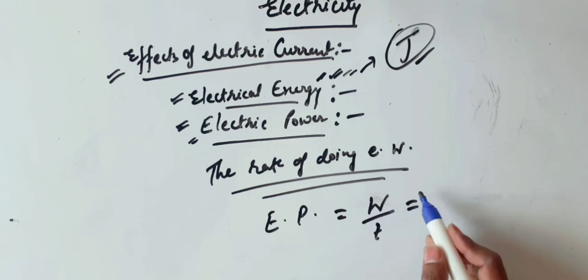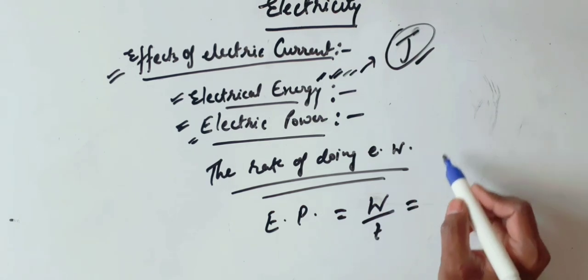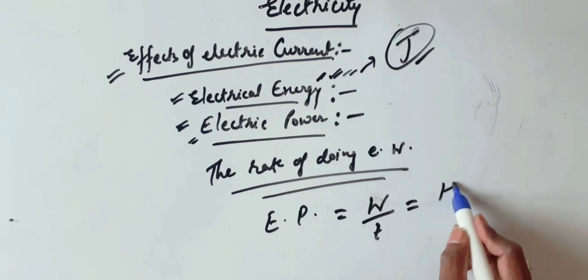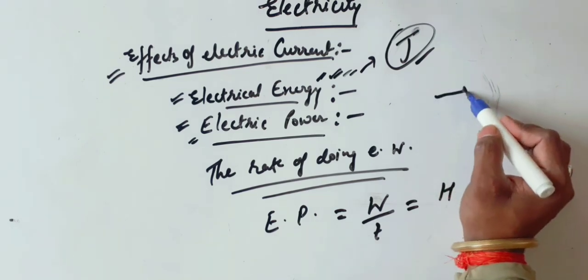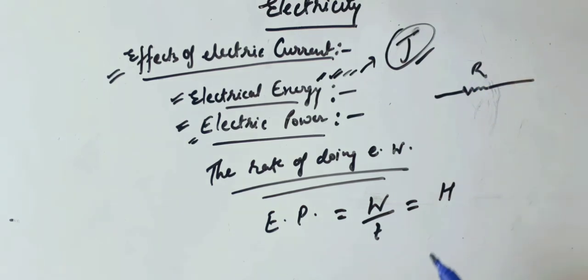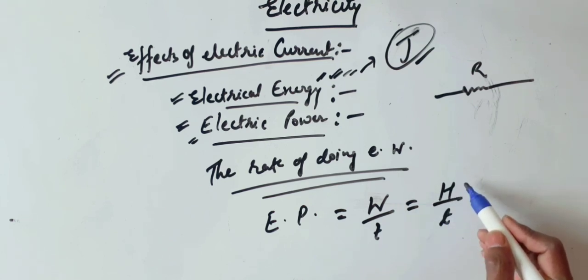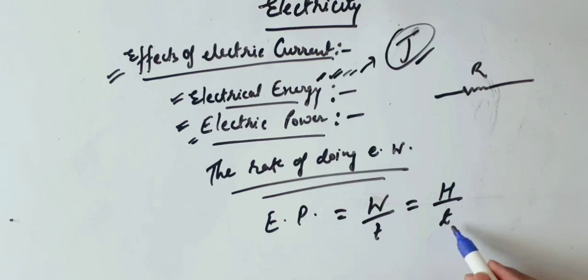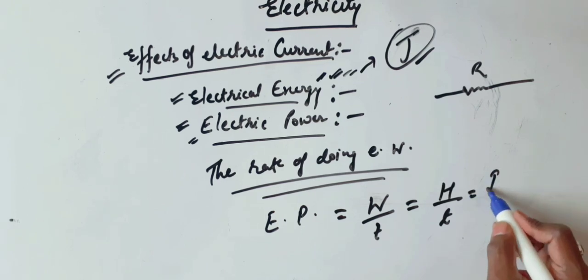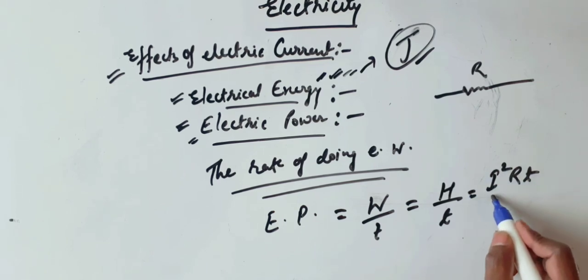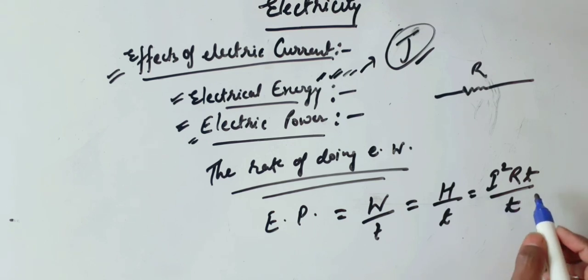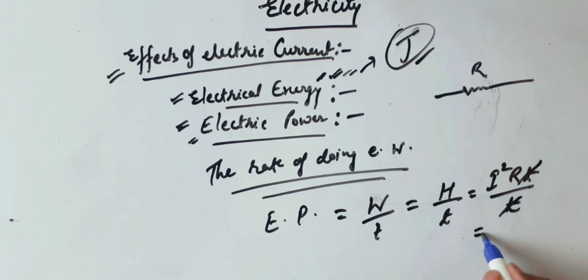Work done is always equal to the energy consumed, and here the energy is equal to heat in a circuit having resistor R. So power is equal to H upon T, where H is heat and T is time. Writing the value of H, I square RT upon T, T cancels out and we get I square R.